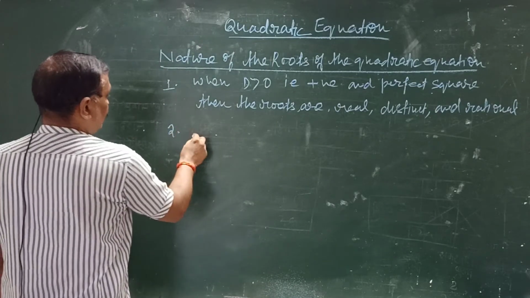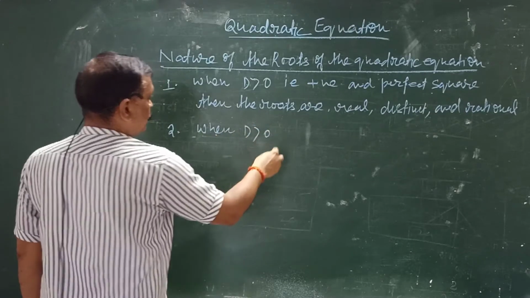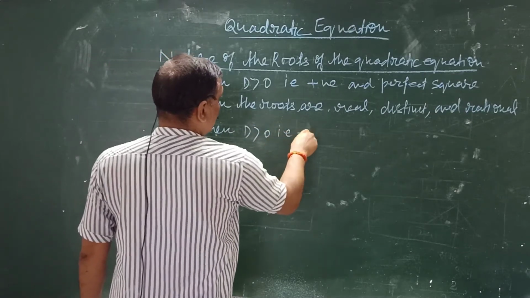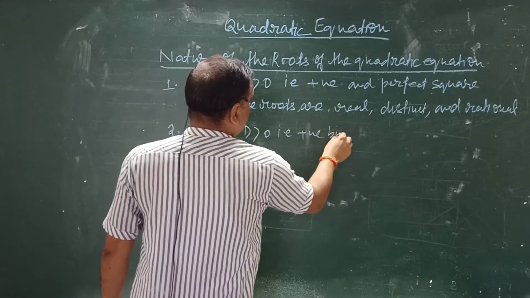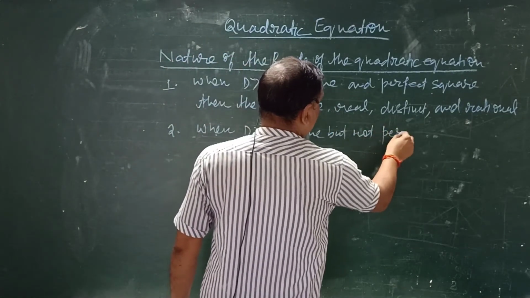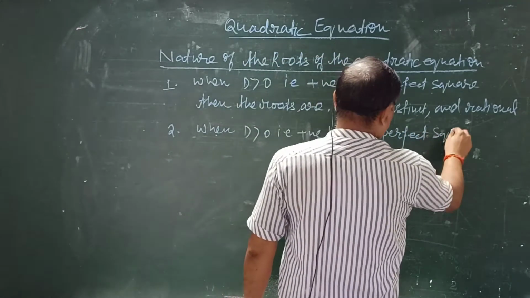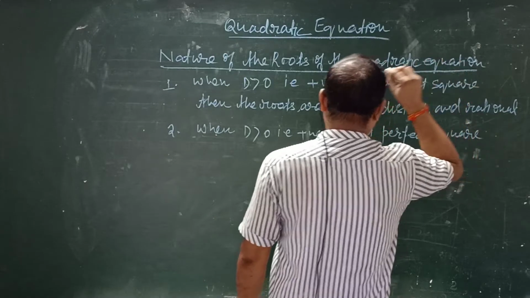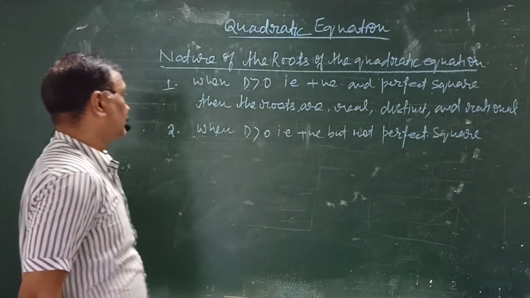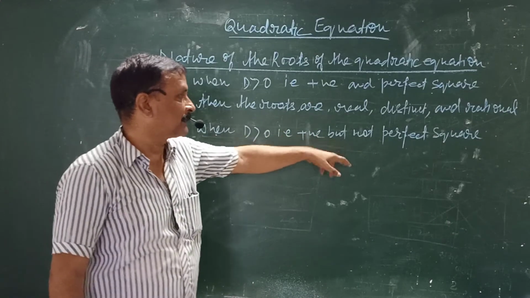Second point, when D is greater than 0, i.e. positive but not perfect square, then the roots are real, distinct and irrational.